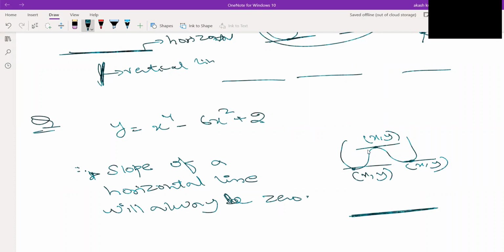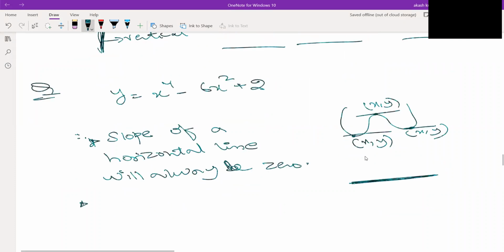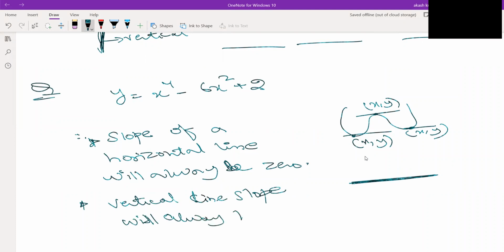And another similar point: the slope of a vertical line will always be infinity. You know what slope is? Why it's infinity and why it's 0?